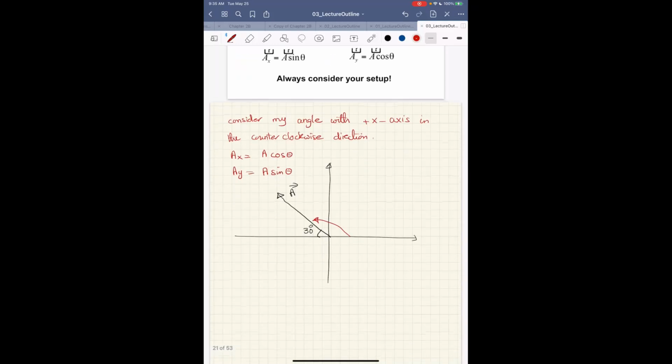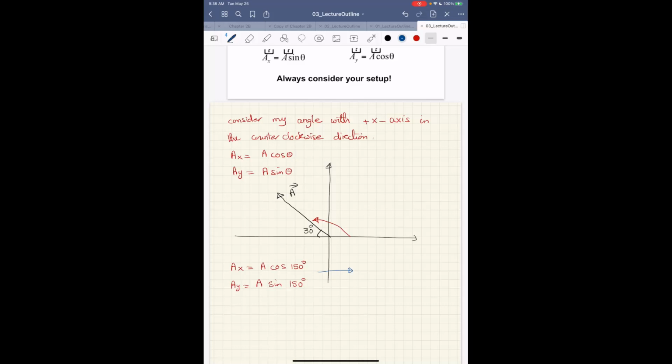Then my AX is going to be A times cosine of 180 minus 30, which is 150, and AY is going to be A sine 150. I like this method because you don't have to think about whether your component is positive or negative. By the calculation, you will get the negatives and positives as you wish.